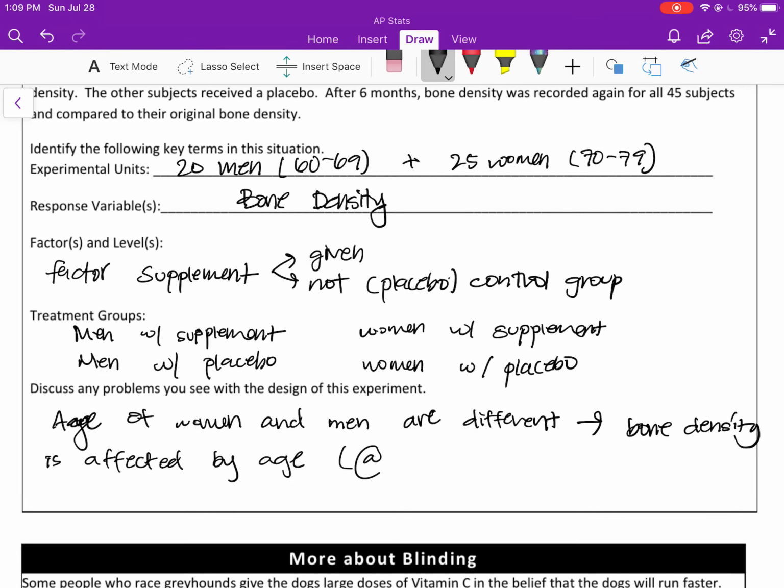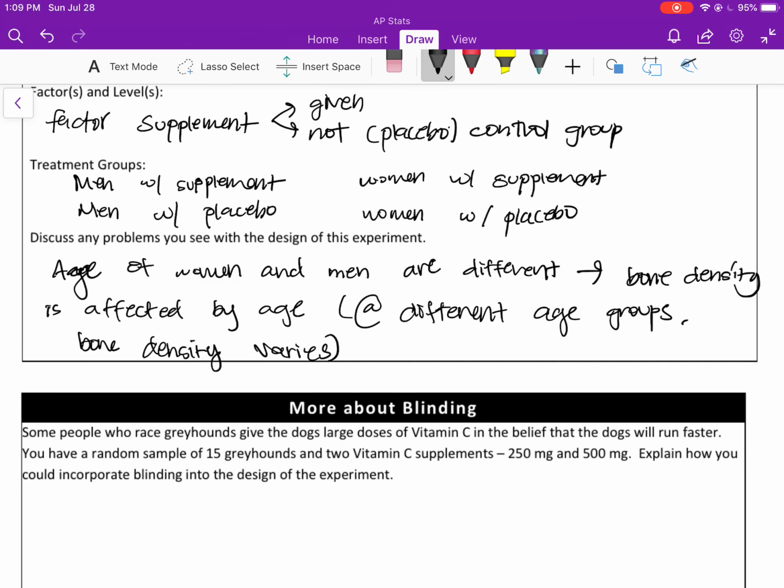So at different age groups, bone density varies. Okay.